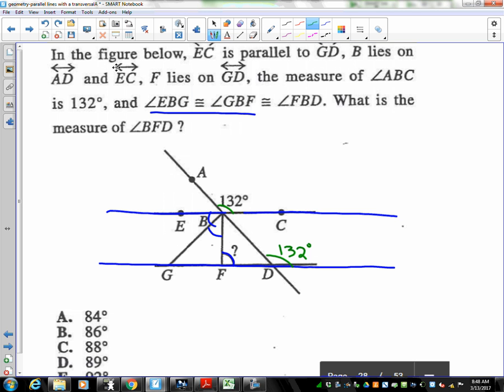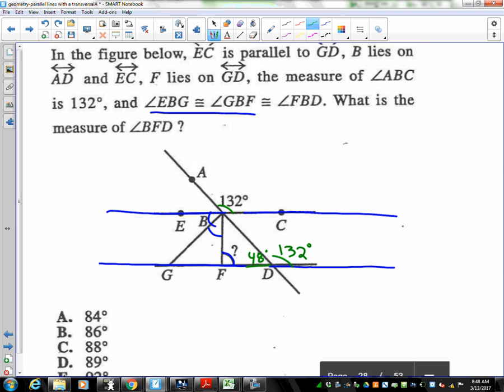The angle that's adjacent there to the 132 I just found, that's a linear pair. So that marker's not right. I'm going to do 180 minus 132, finding this angle, that linear pair. So that angle is going to be 48 degrees.